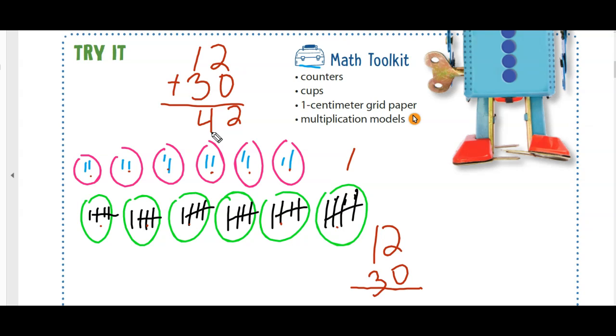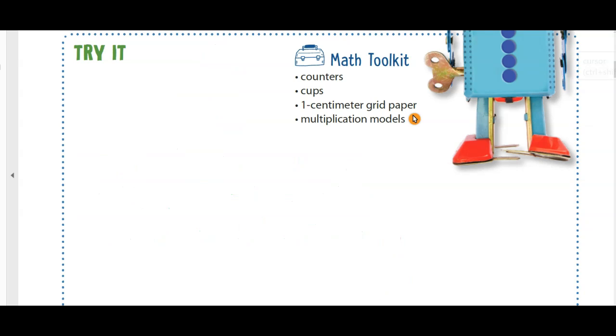Or I could just add. If I have 2 antennas and 5 buttons, how many items does just one robot have? 7. So then that would be 7 right here, look. And how many robots are there? 6. So 1, 2, 3, 4, 5, 6. And how many items for each robot?